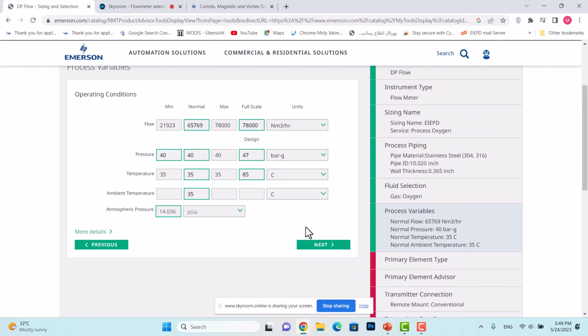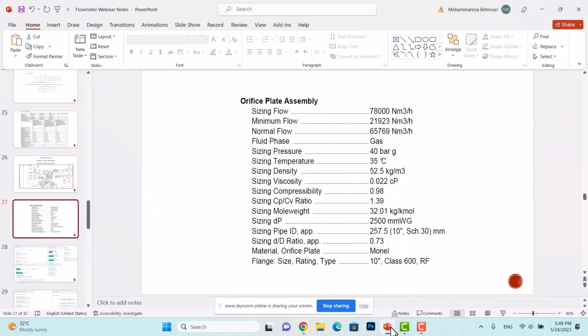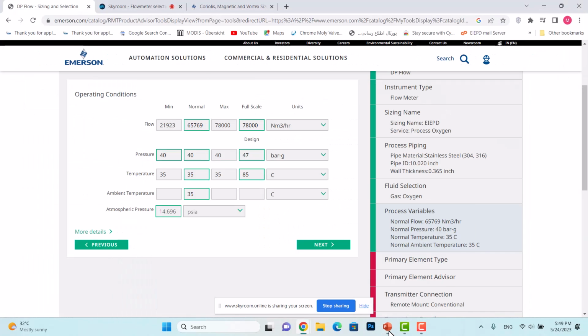Then we go to the process variables, process operating. In this process operating section, you can easily have this data and provide the applicator with the process conditions, operating conditions such as flow rates, pressure, temperatures, and what is required here.